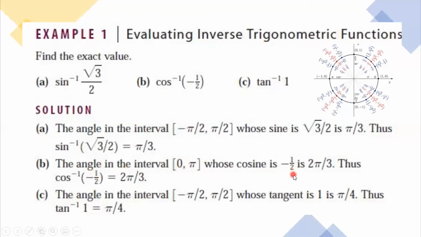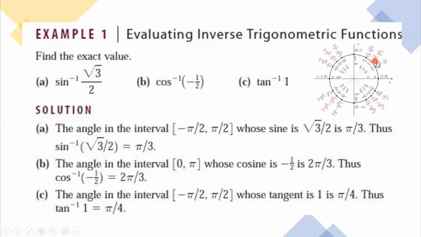So what should be the angle? From the interval 0 to pi, we only select the angle whose cosine is negative 1/2.